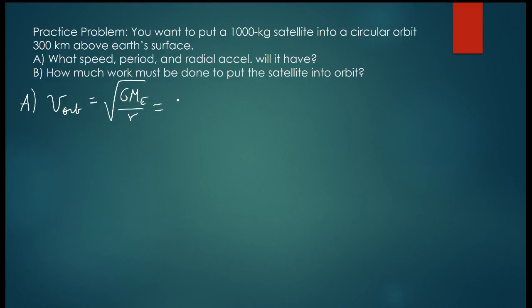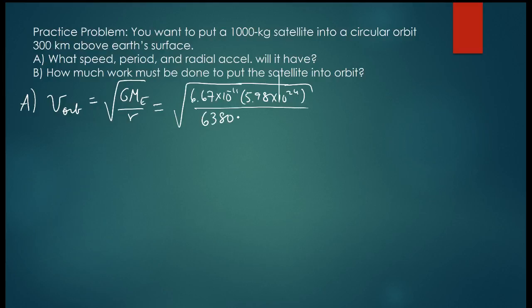And that's going to be, so that's our 6.67 times 10 to the minus 11th. Okay, mass of the Earth is about 5.98 times 10 to the 24th kilograms. And that's a number that your book has, or you would just Google that. And then the r is 300 kilometers above the Earth's surface. So it's the radius of the Earth, so 6,380 kilometers, plus an additional 300. Okay, so those are all in meters if I add the 10 to the third.